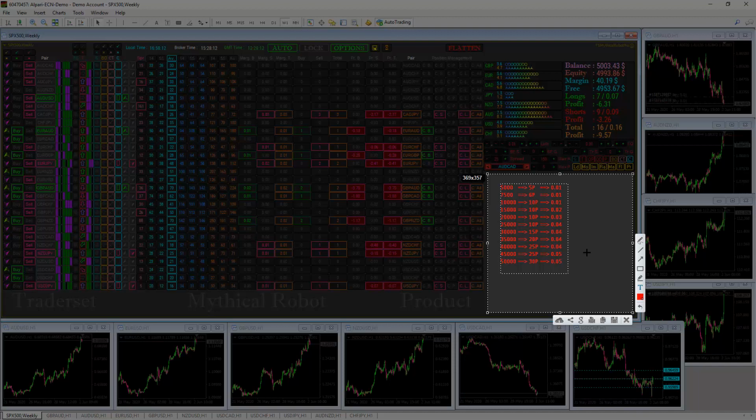This is an example. Normally you wouldn't see all 10 positions if you are manually guiding the direction. This is for when you let the robot handle everything, and I'm warning you, you will still see equity way below balance.